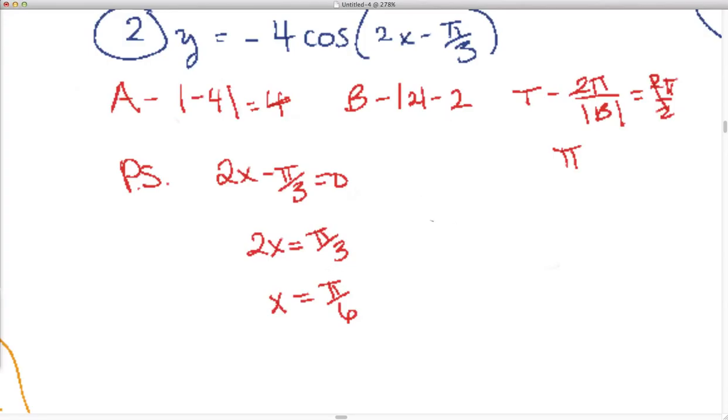Now what we've got to do is figure out where the new beginning and ending of the graph is. The way you do that is you put your bx plus c portion between 0 and 2 pi. So that's going to be 2x minus pi over 3.